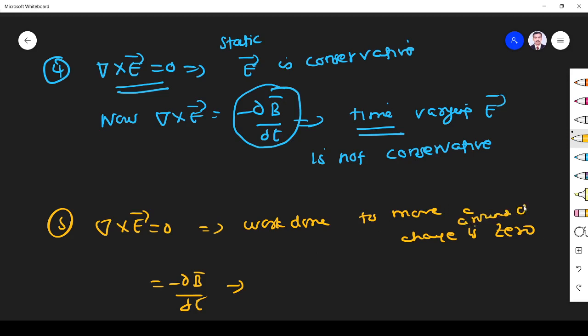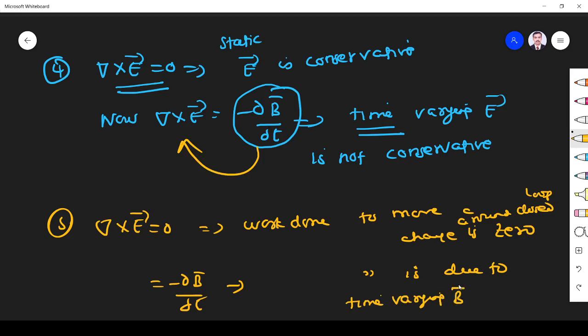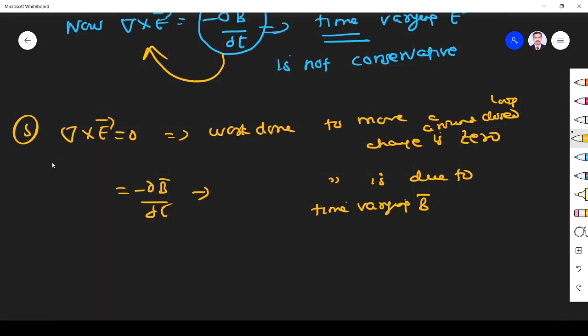Here the work done to move a charge around a closed loop is due to the time varying magnetic field B. That's the difference. So that is another important point we are learning from this equation. That is very, very important.